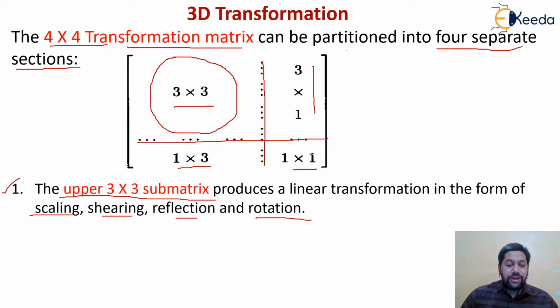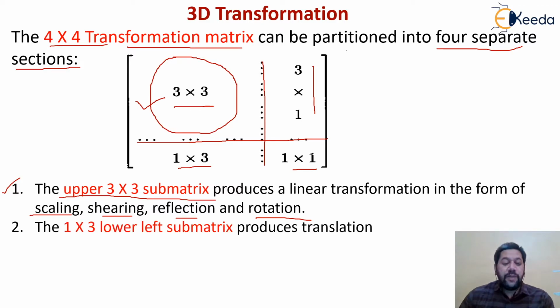This means all linear scaling, shearing, reflection, and rotation will be performed by this 3 by 3 submatrix. So the 3D transformations represented by this 3 by 3 are linear scaling, shearing, reflection, and 3D rotation. All these are performed with the help of this 3 by 3 transformation matrix.